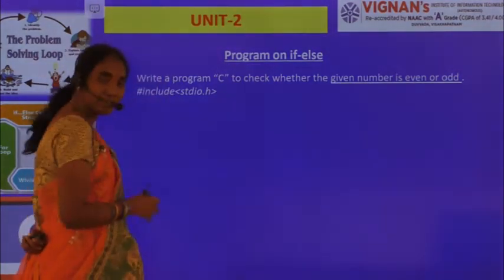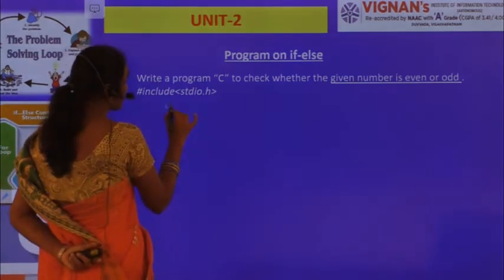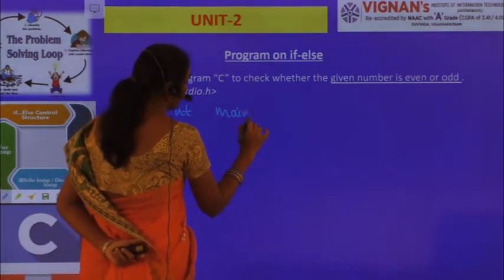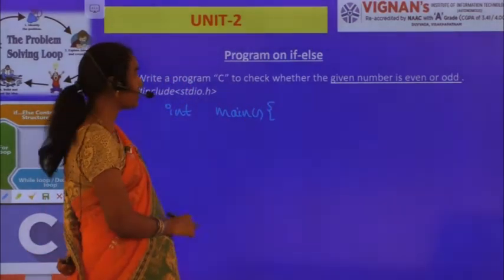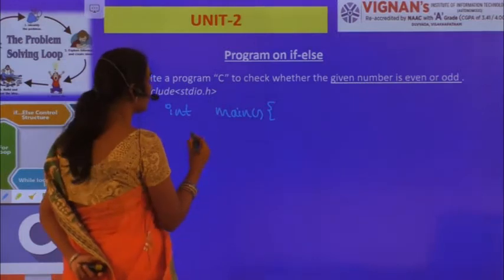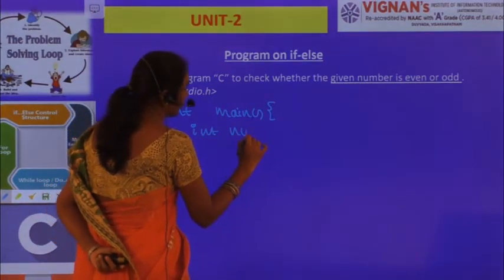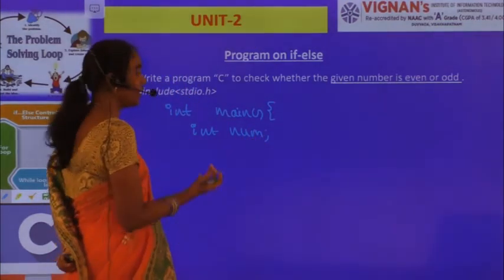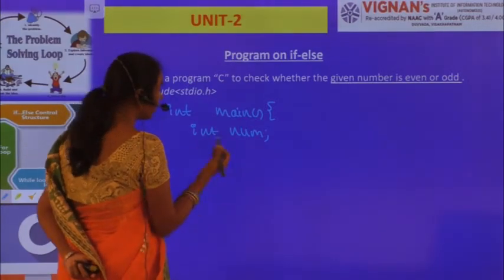So hash include stdio.h, as you are already aware. So int main. To check whether the given number is even or odd, I should have a number, int number, and after declaration of number, immediately I am supposed to read the number.